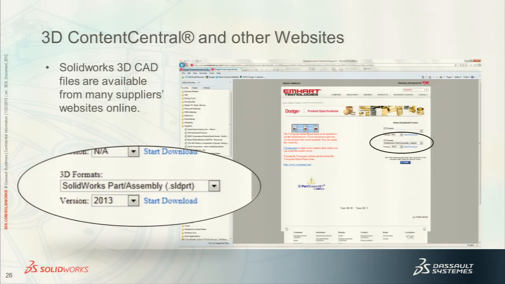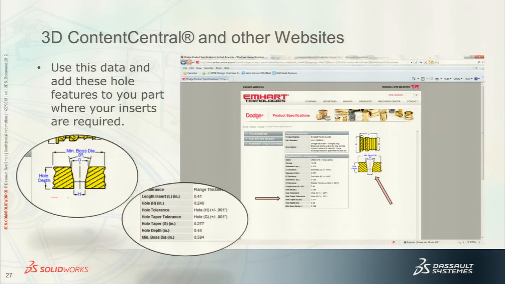You can ask for the specific size of insert and download models that you could incorporate right into your CAD models. The information that you get from the website will also give you the data that you need on the hole geometry for your pilot hole. It's always good to follow this and incorporate this into your 3D CAD model where you're going to have your inserts located.